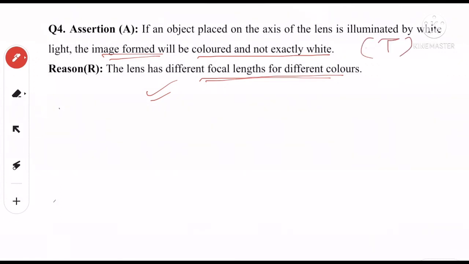So the first one is true, the reason is also true, hence option A is the answer. Because the refractive index depends on the wavelength and for different colors the wavelength is different, therefore the colored image will be obtained.